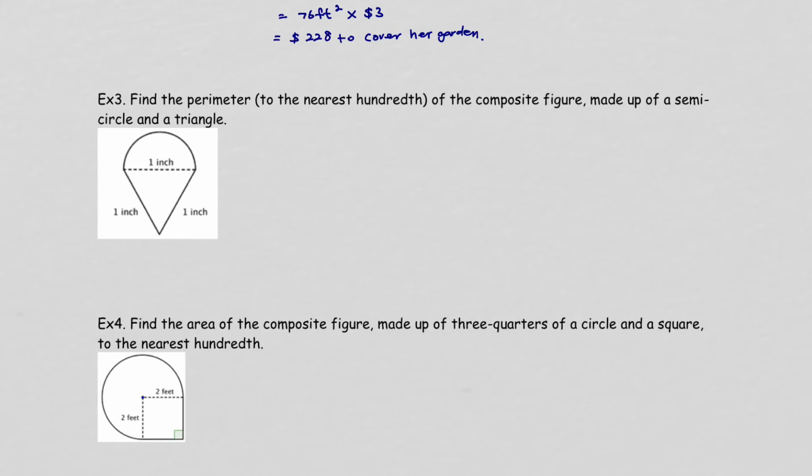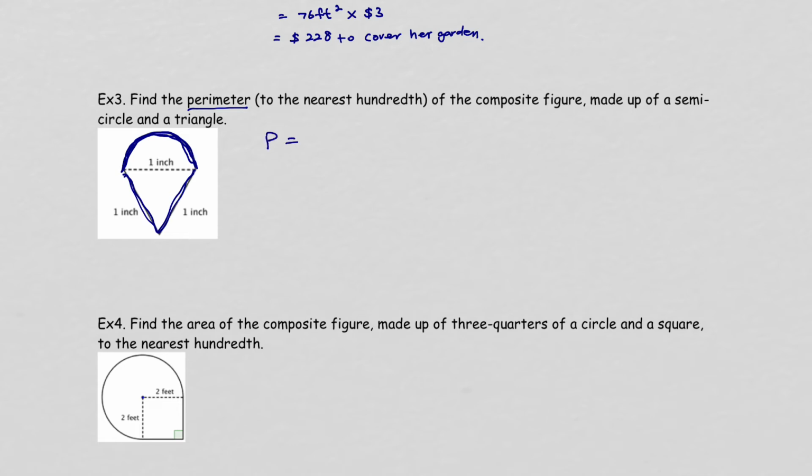So example 3 is asking you to find the perimeter. So perimeter is adding all the lengths, right? So this length right here is 1 inch, 1 inch. So you have 2 inches already. Now, in order to find the total perimeter, you need to also find the length of this half circle, right? And we call that circumference. And not the whole circle, just half, because this is just half of the circle.